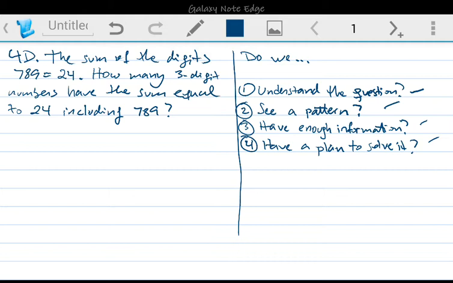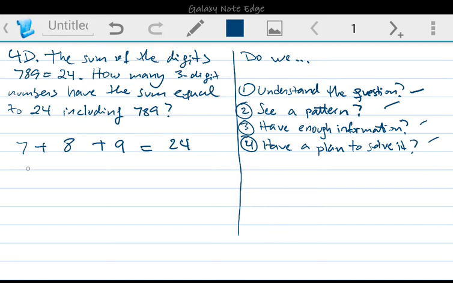So, first thing is we need to recognize, to understand the question, that this is a counting problem. We need to count these numbers in an organized fashion. Now, when it says the sum of the digits 7, 8, 9 equals 24, what they mean is that if we sum the digits 7 plus 8 plus 9, that equals 24.